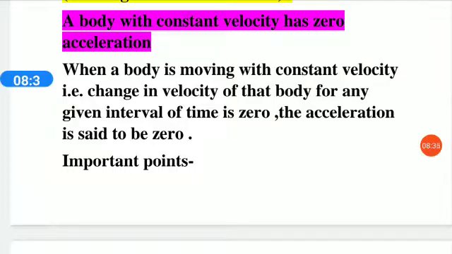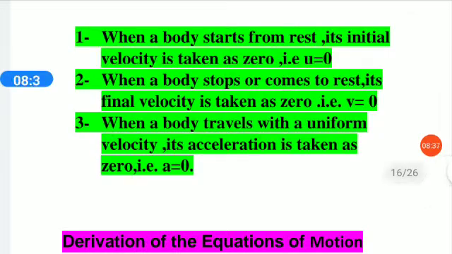Important points. While solving numericals, you have to take care: when a body starts from rest, its initial velocity is taken as 0. So you will take u is equal to 0. Even if it is not mentioned and it is given only that the body starts from rest, you should know that u is equal to 0.